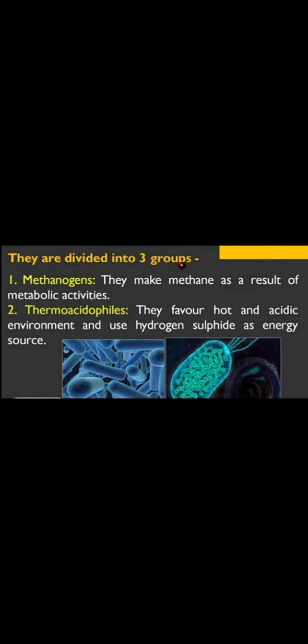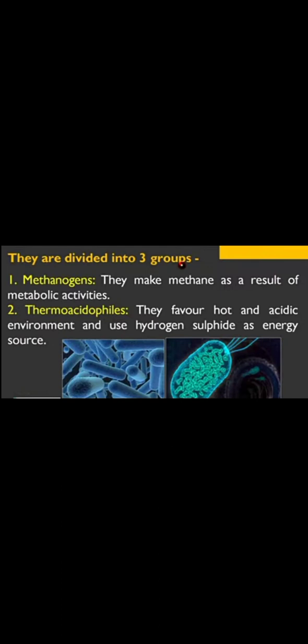Methanogens. These methanogens can make methane as a result of metabolic activities. Methanogens are the archaebacteria that form methane. Then comes thermoacidophiles. These thermoacidophiles favor hot and acidic environment, and they use hydrogen sulfide as energy source.